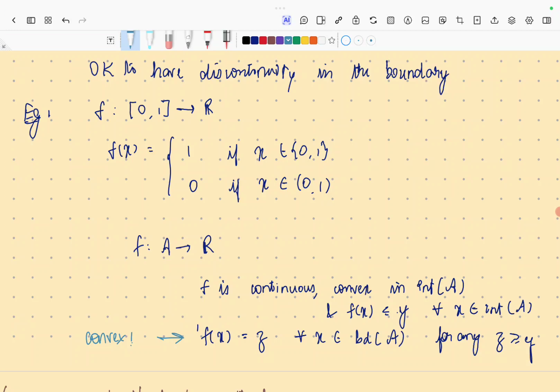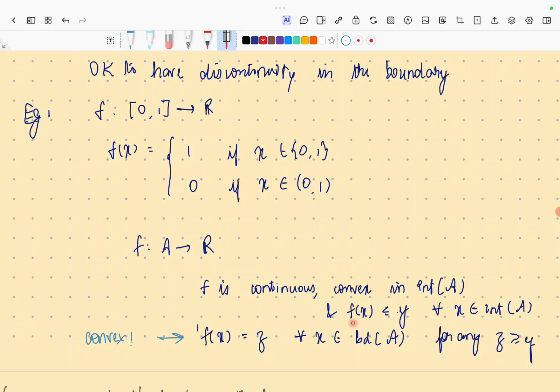So less than it won't be, right? But any value that is more than y is okay. It will always be convex. Shouldn't that z be something like a supremum for that function? Which one? That z. You can't just take any random z which satisfies greater than or equal to y, right?